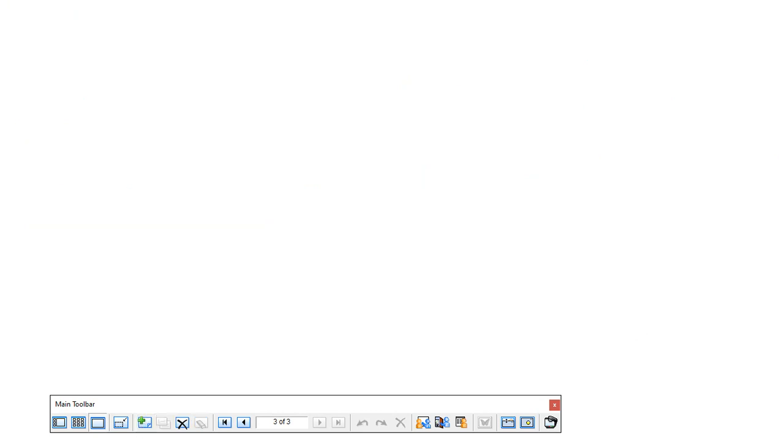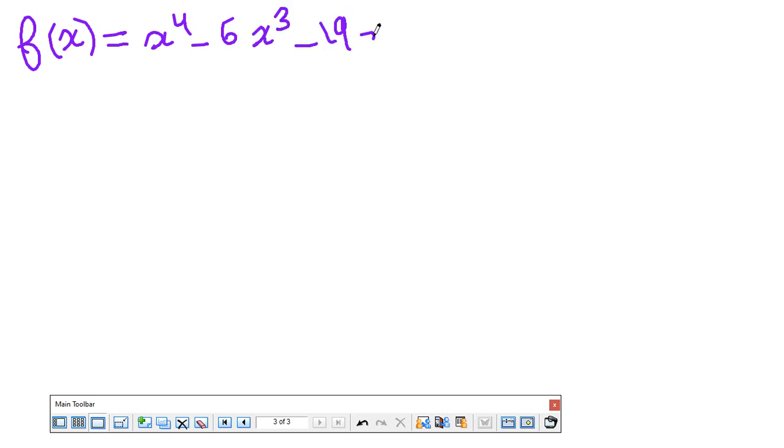So f of x is equal to x4 minus 6x3 minus 19x squared plus 24x. If I look at this polynomial, first I have 1, 2, 3, 4 terms.